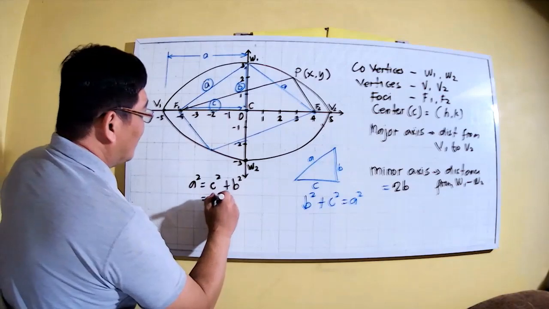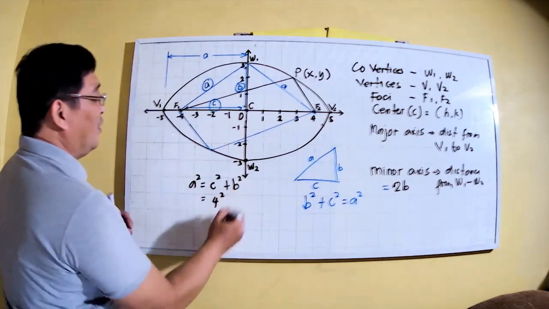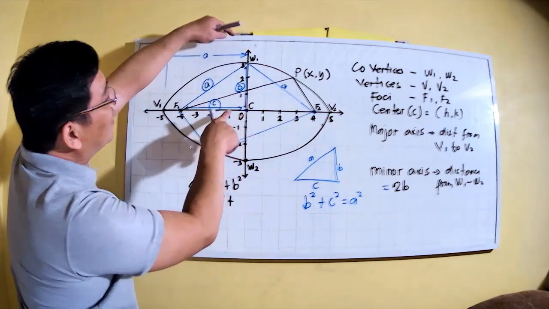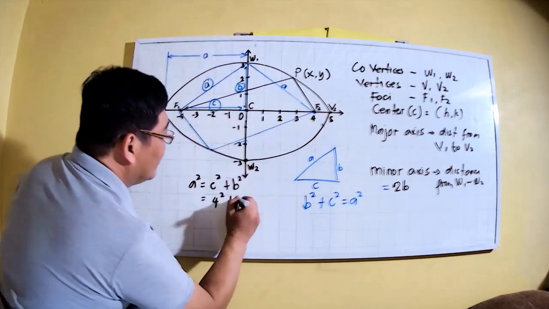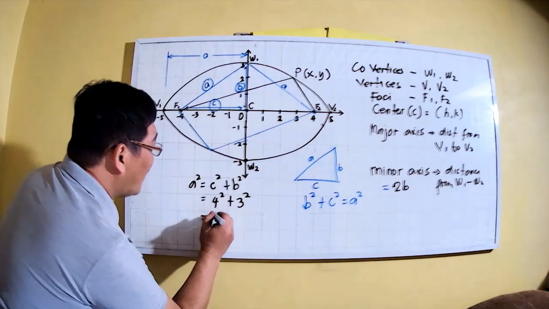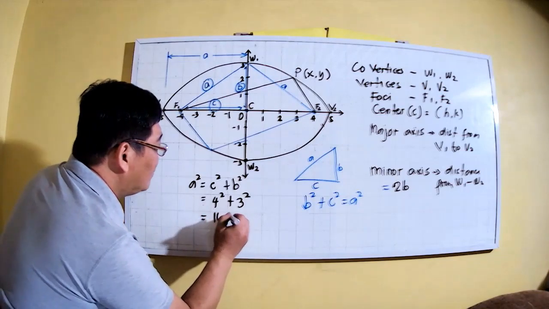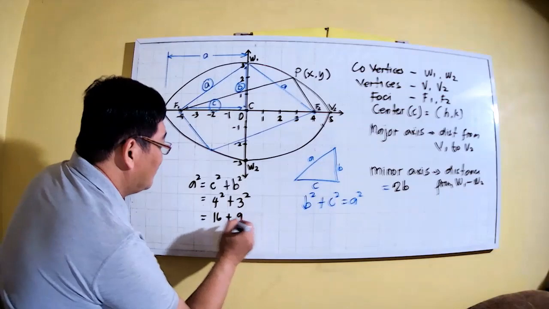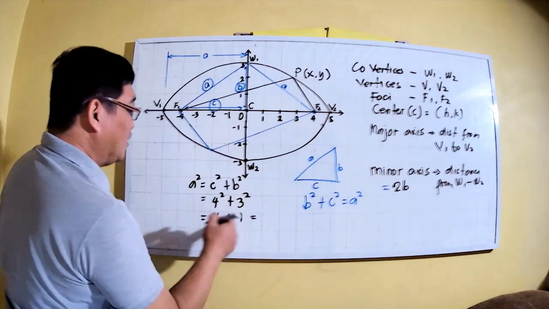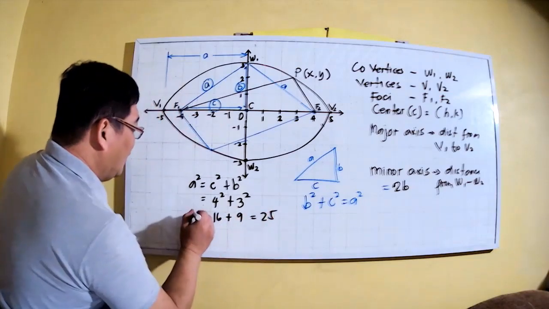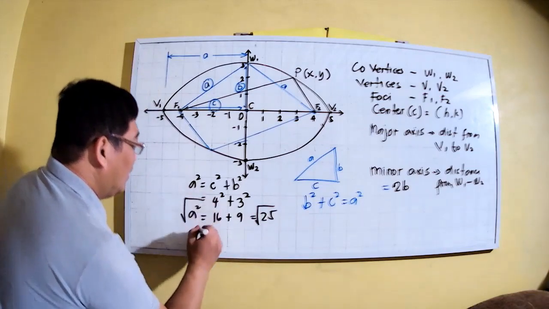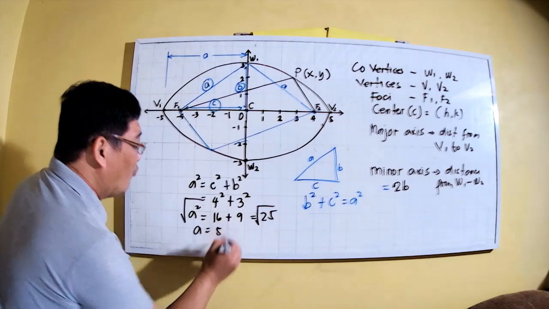We have 4, and then we square. Plus, how about B? B is equals to 3 units away from the center. We have 3 square. And then find A, 16 plus 9 is equals to 25. 16 plus 9 is 25. And then A is equals to, you square root it. A square, square root. A is equals to 5.